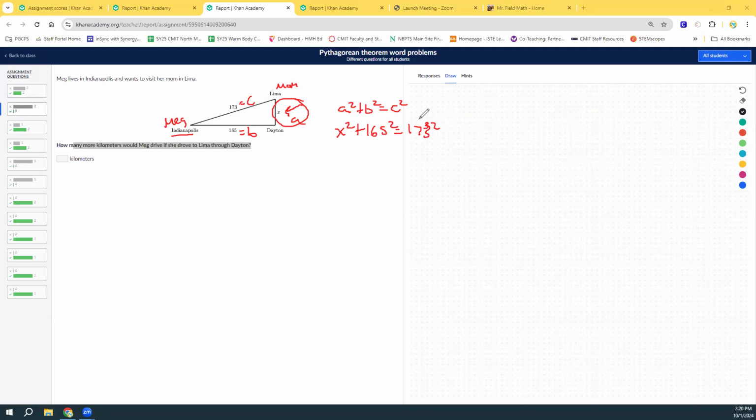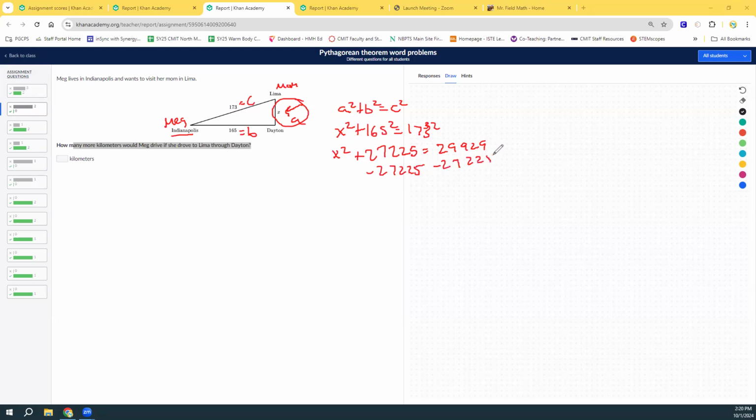What is 165 squared? 27,225. Thank you, Siri. Don't call anybody, Siri. What is 173 squared? 29,929. So x squared equals 29,929 minus 27,225. I know I got to subtract.